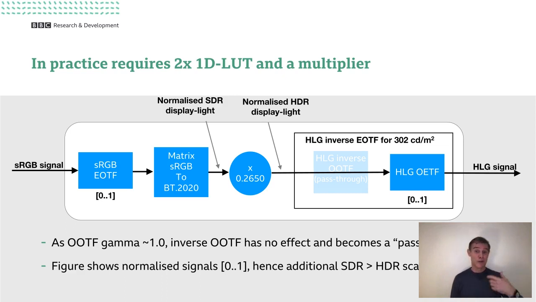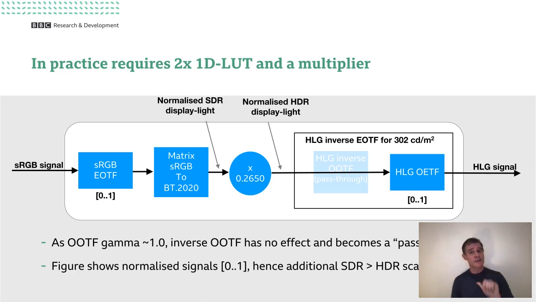So then if we look at this simplified processing chain and use, in this case, normalized signals in the range 0 to 1, you take the nonlinear sRGB signal, you put it into the sRGB EOTF, apply the standard color matrix conversion to take it to BT2020 color primaries.